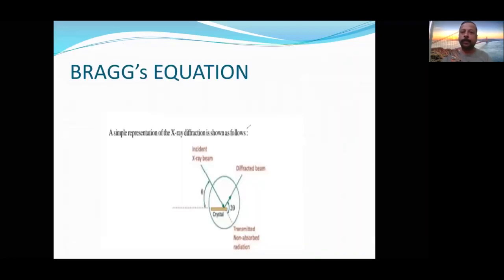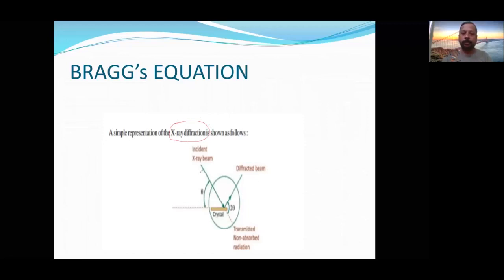Next one is Bragg's equation. Bragg's equation is related to the procedure of X-ray diffraction. Most students are not able to understand X-ray diffraction, so I will try to explain it through two diagrams.